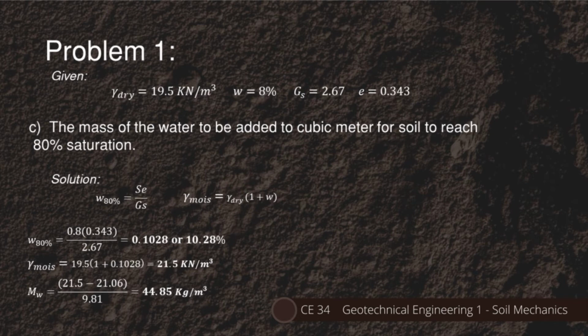So to solve for the water content at 80% of saturation, we will use this formula of saturation times the void ratio over the specific gravity of the solid, giving us 0.8 times 0.343 over 2.67.